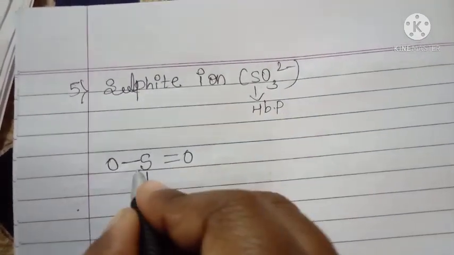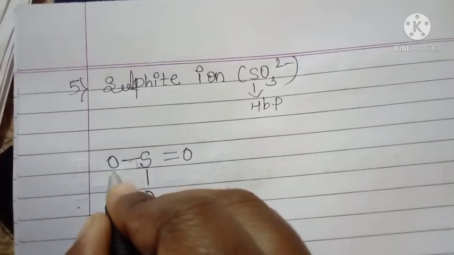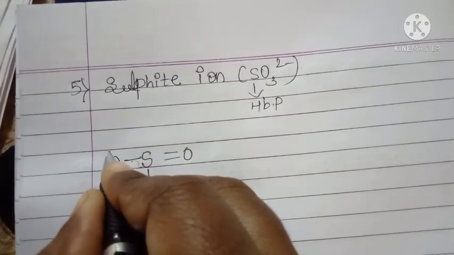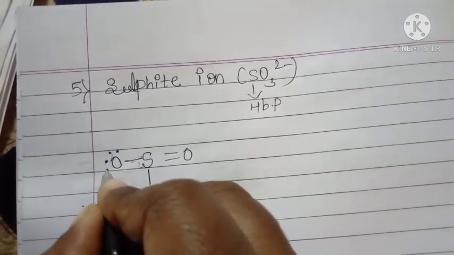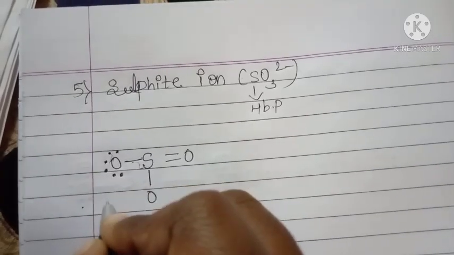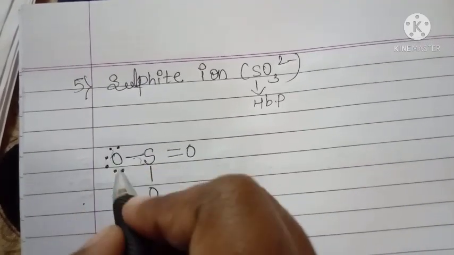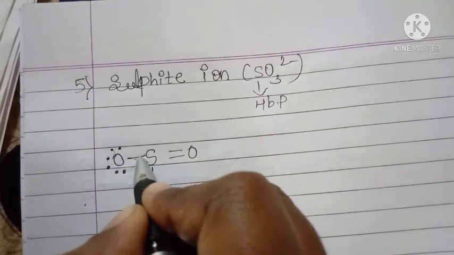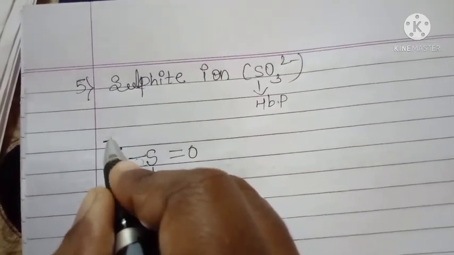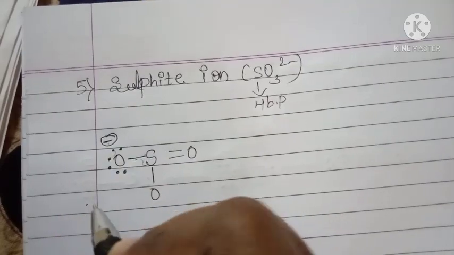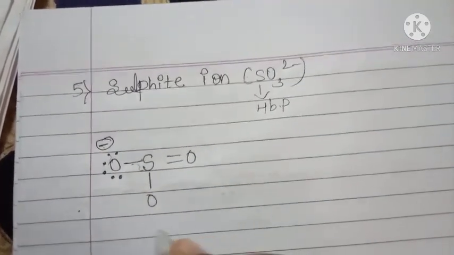Here this oxygen atom contains only one bond pair, so it has 3 lone pairs, because one of the bonds should not be formed, that bond is converted to a lone pair, so it carries a negative charge.